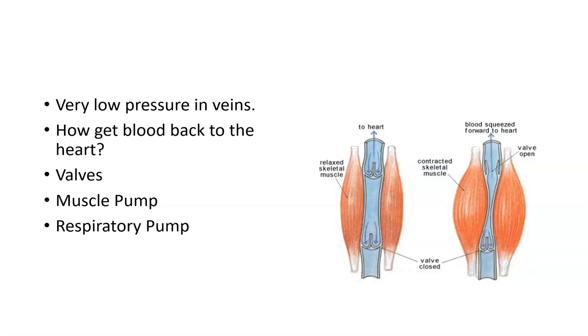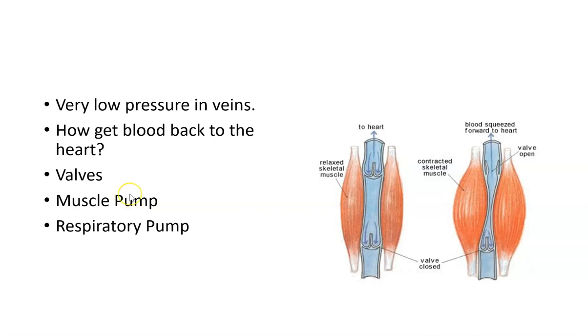You can actually find where some of these valves are located on your body. You also hear about varicose veins, which are usually on the surface, and it's when blood starts to pool and the vein gets weak.